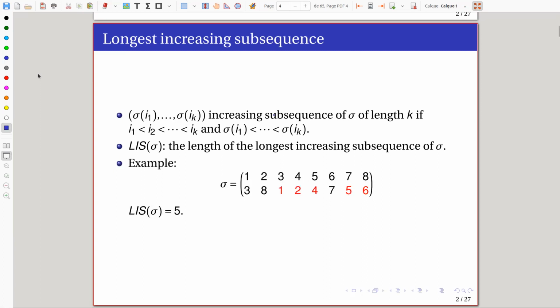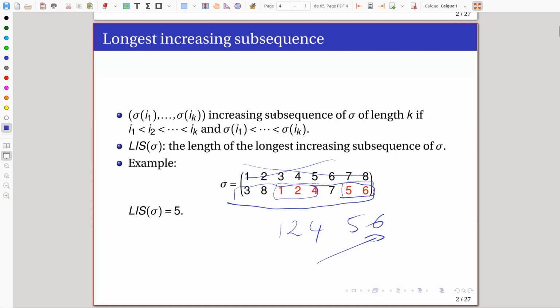One way to see it is the following. So you have your permutation. For this permutation, the image of 1 is 3, the image of 2 is 8, etc. And the question is, what is an increasing subsequence? One way to see it is you look at the second line of the permutation. You forget about the first line, and you try to see a subword that is increasing. For example, here, 1, 2, 4, 5, 6 is increasing.